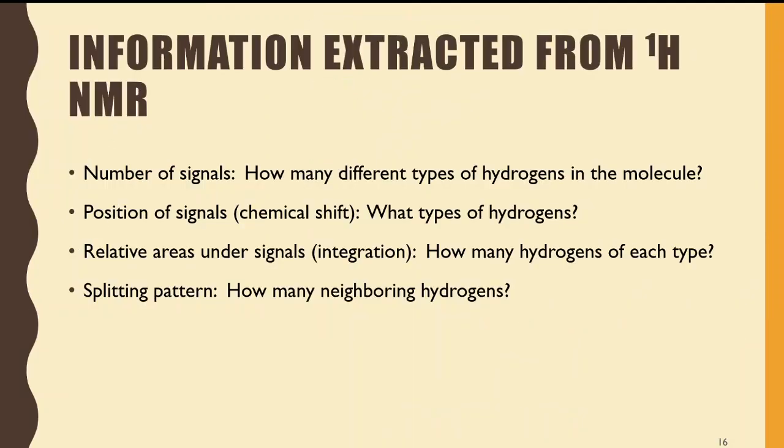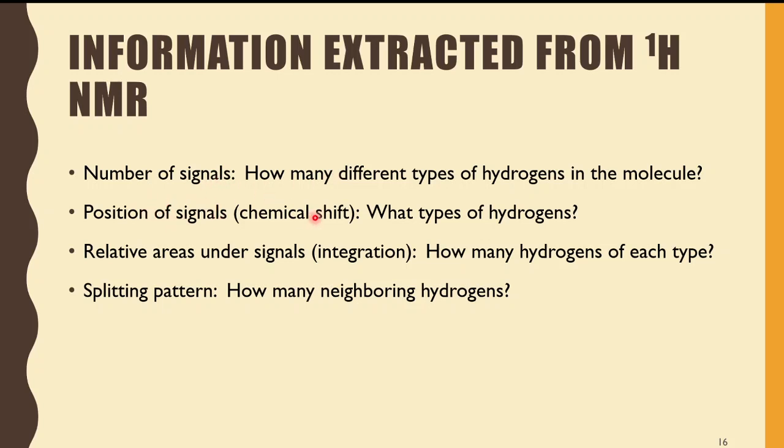So what can we deduce from this proton NMR? There are four important pieces of information that you can deduce from proton NMR. The number of signals tells you how many different types of hydrogens there are in a molecule.